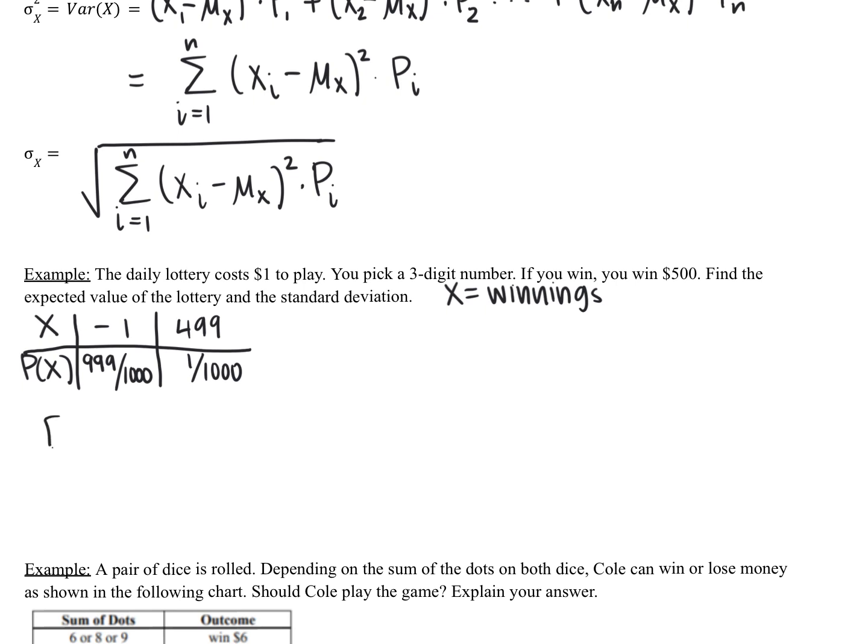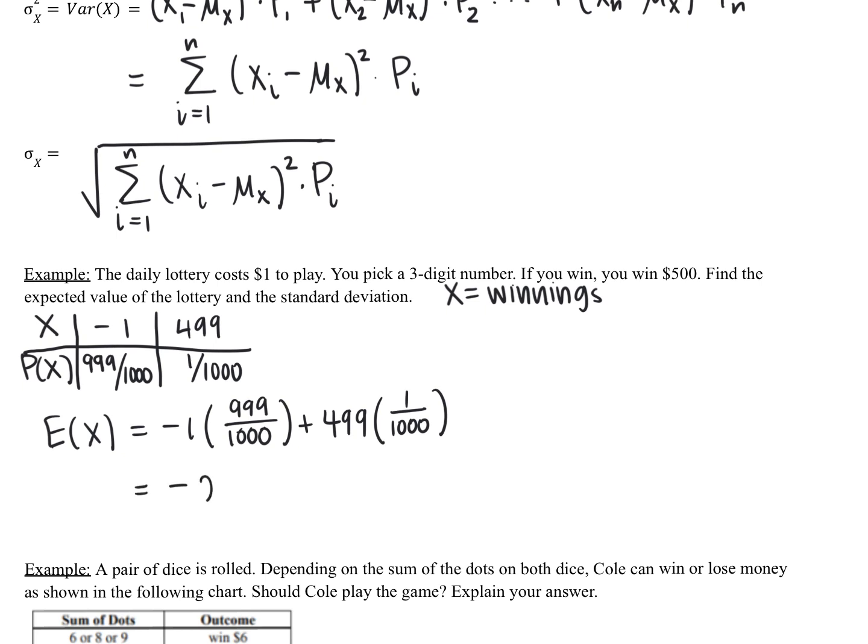So for my expected value, you have to do -1 times 999 over 1,000 plus 499 times 1 over 1,000. So that gives you an expected value of -0.5, which means you're expected to lose 50 cents every time you play this game.